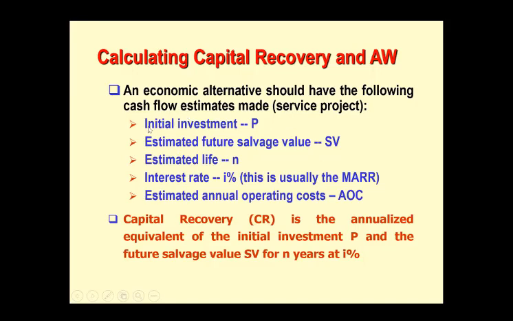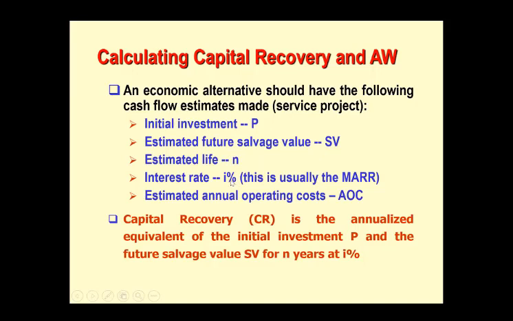The first component is the initial investment P, and at the end of the life cycle, we have the estimated future service value SV. We have the estimated life of n periods.